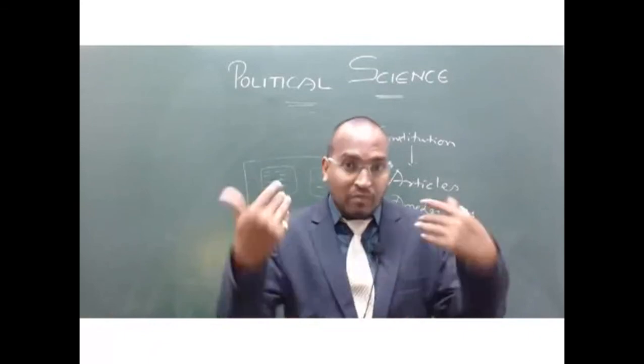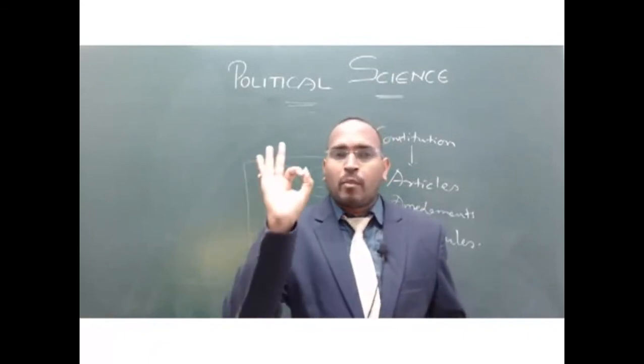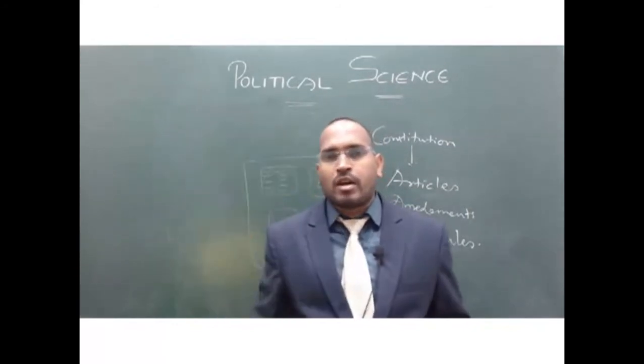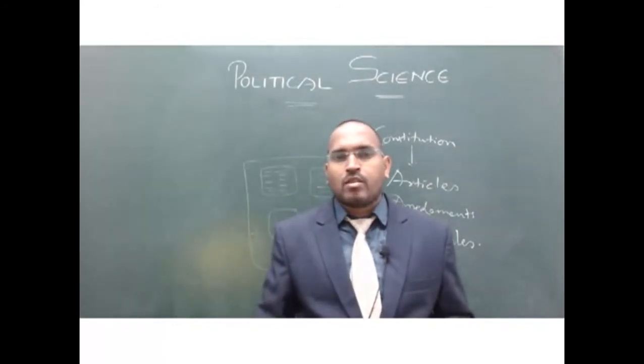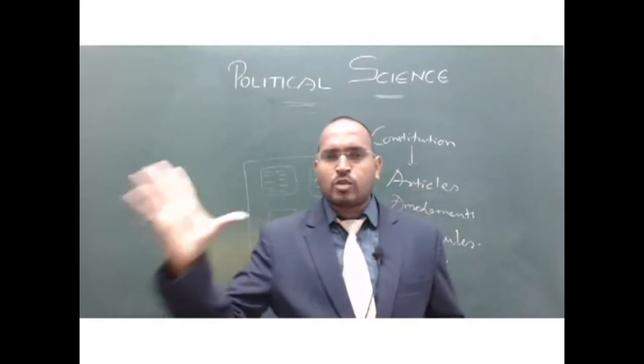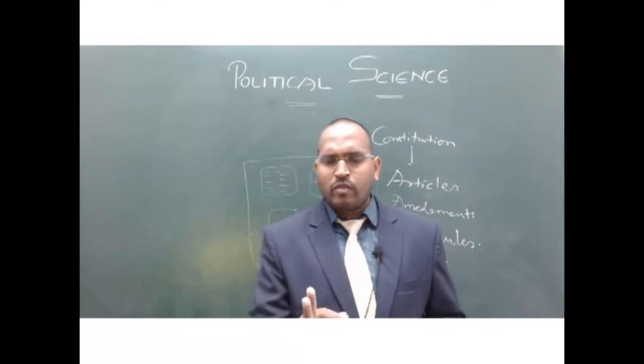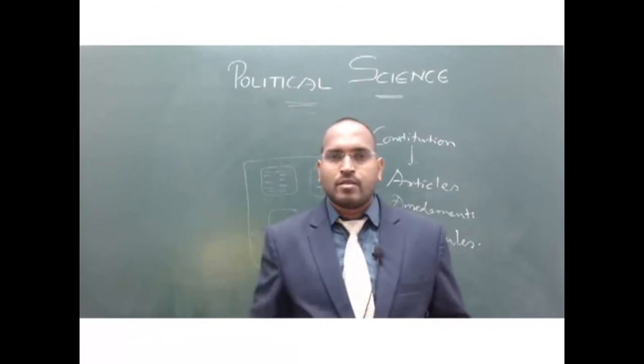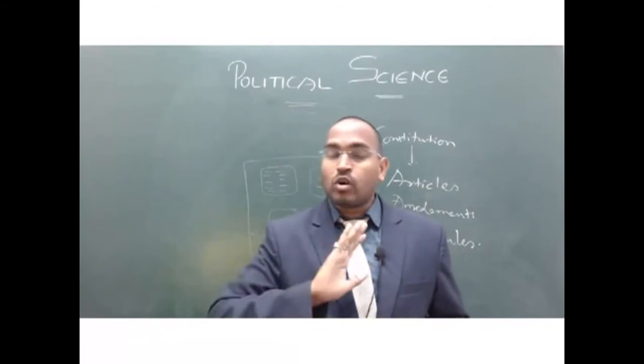Strictly speaking, only for fundamental rights will I explain the articles with their numbers. Article 19 is for this purpose, 20 is for this purpose, 21 is for this purpose, like that. After fundamental rights, I won't touch the articles.